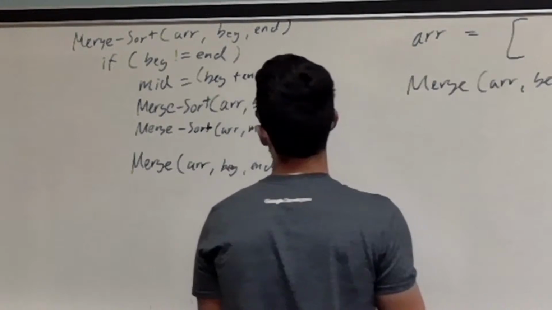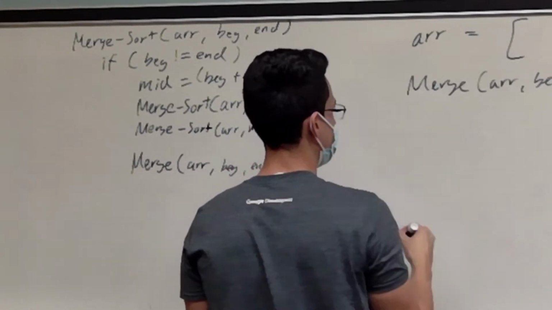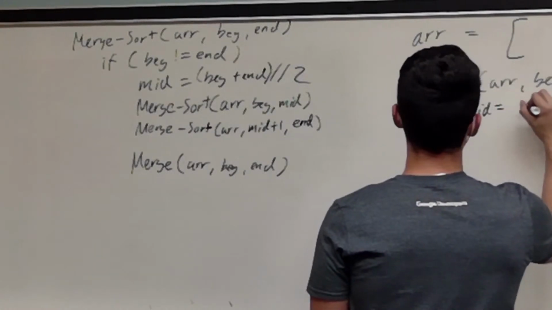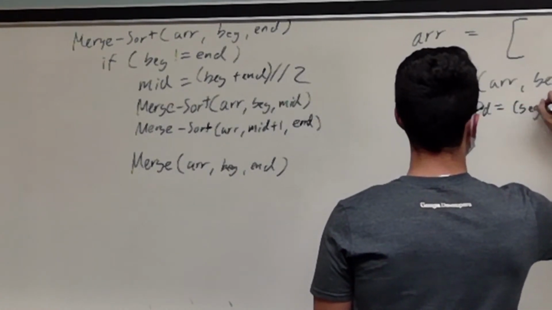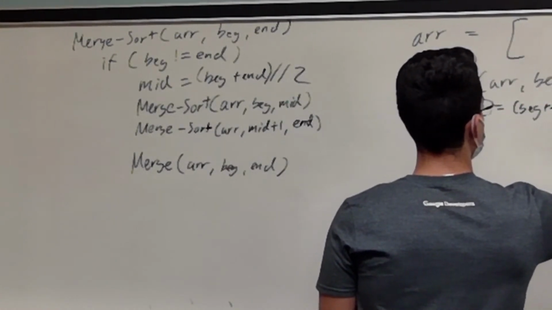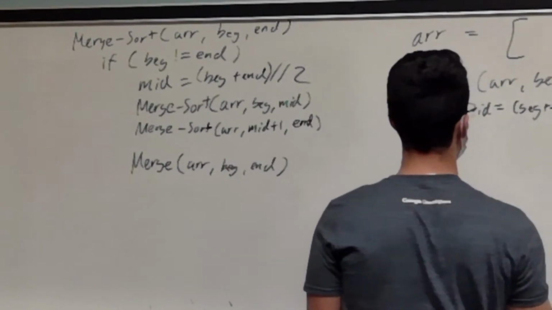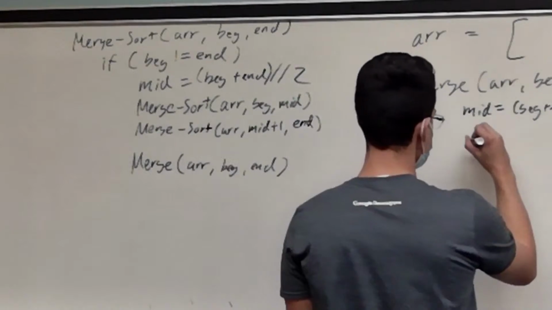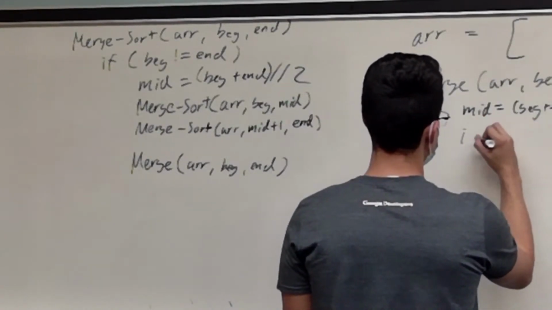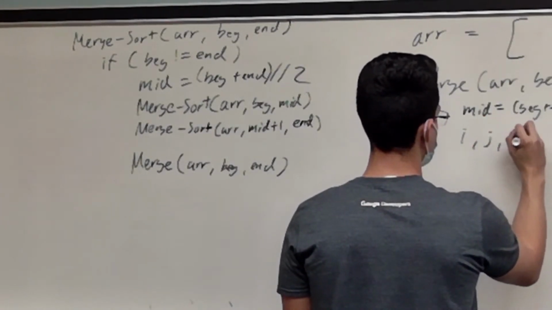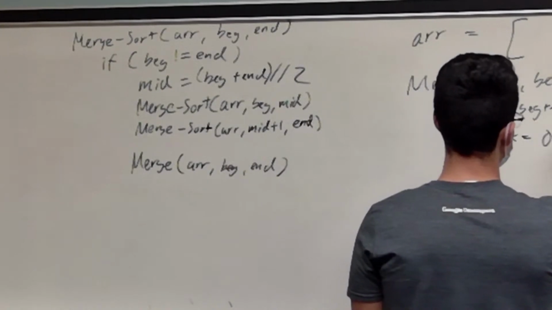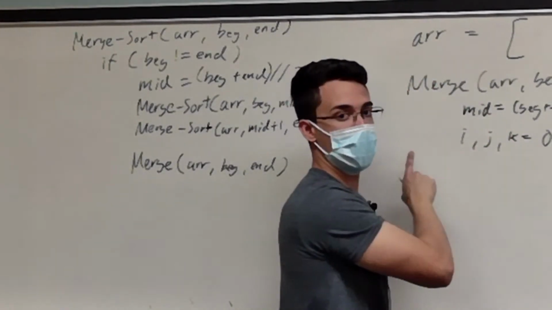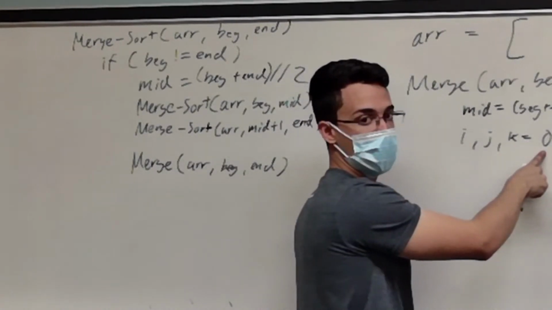So what I was thinking, Laz, right? Tell me, David. So the middle would be the beginning plus n divided by 2, right? And then say i, j, k equals 0. i is going to be the iterator for the left half, so the first one is 0.